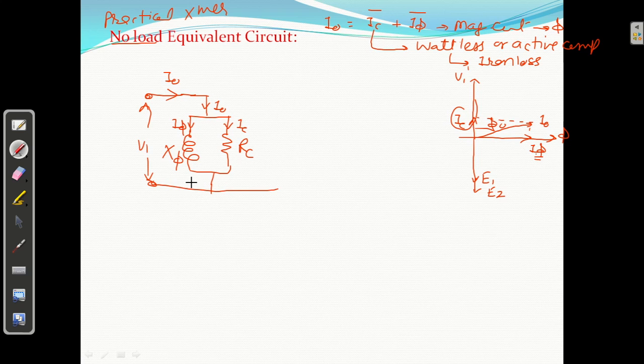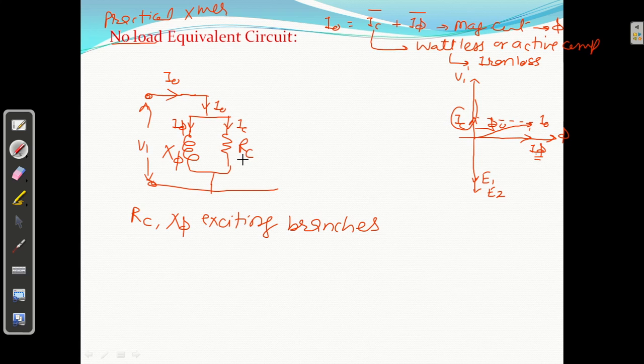Be careful, these RC and X phi are called the exciting branches: exciting resistance and exciting reactance. RC shows the core loss resistance actually.